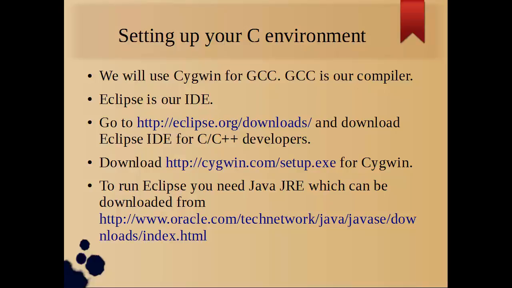To run Eclipse you need the Java JRE, which can be downloaded from oracle.com. Earlier it was Sun which used to provide the Java JRE. Since Oracle bought it, Oracle is providing the Java JRE from its website. Now you will need to set paths to run this.